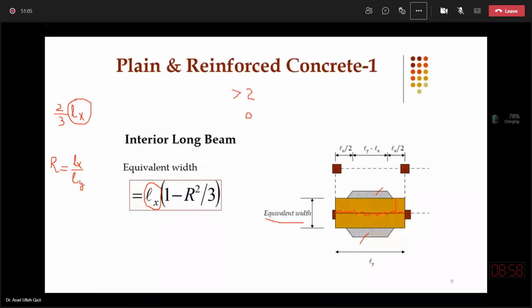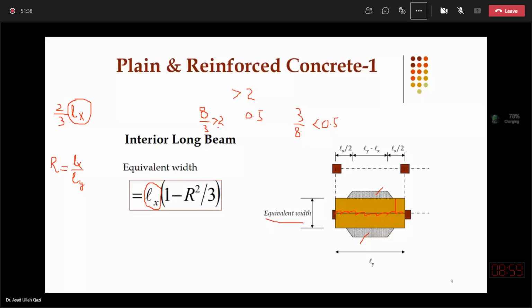Accordingly, you can decide that if shorter over longer is less than 0.5, for example, 8 over 3 was greater than 2, and if I say 3 over 8, it is less than 0.5. For both cases, it is one-way.